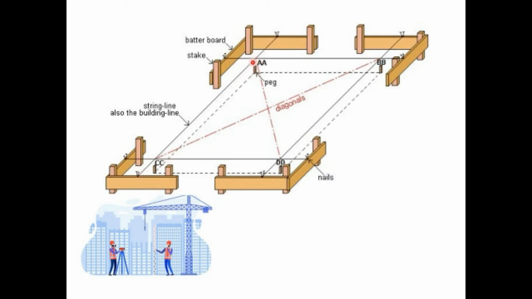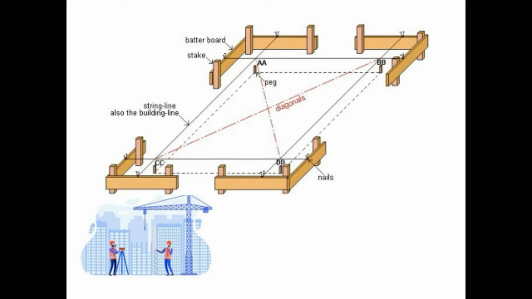Then these intersections are the corners of the walls. So aside from strings, we can also use sockets in laying out the line where the wall will be constructed. The surveyor does this for each wall until the building is located.